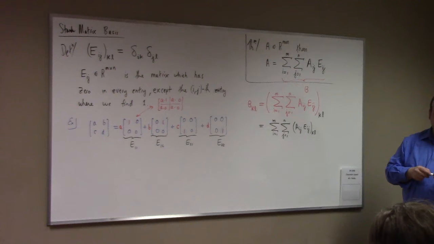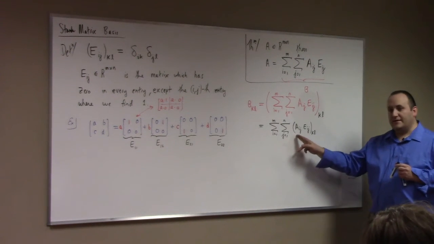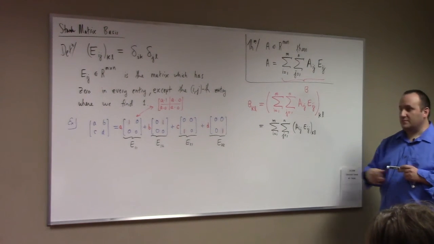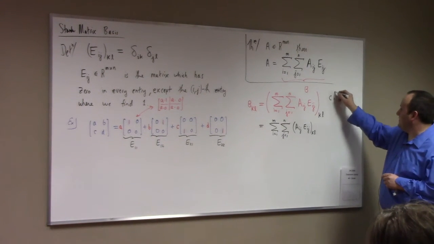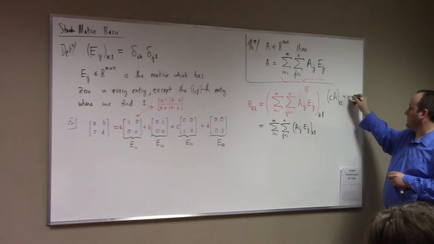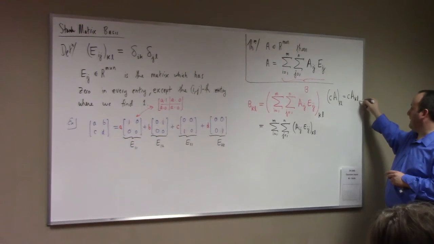But what's the definition of scalar multiplication? If I have C times A, and I calculate the klth component, how does it work? It goes C times A_kl.